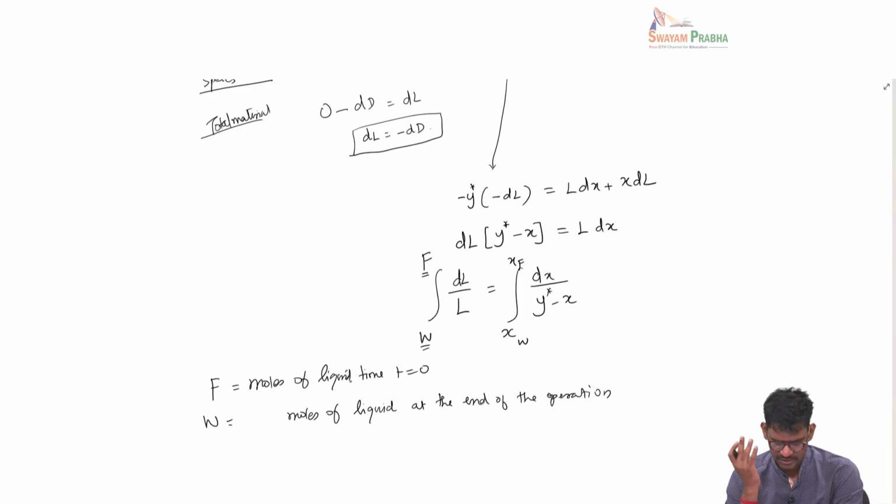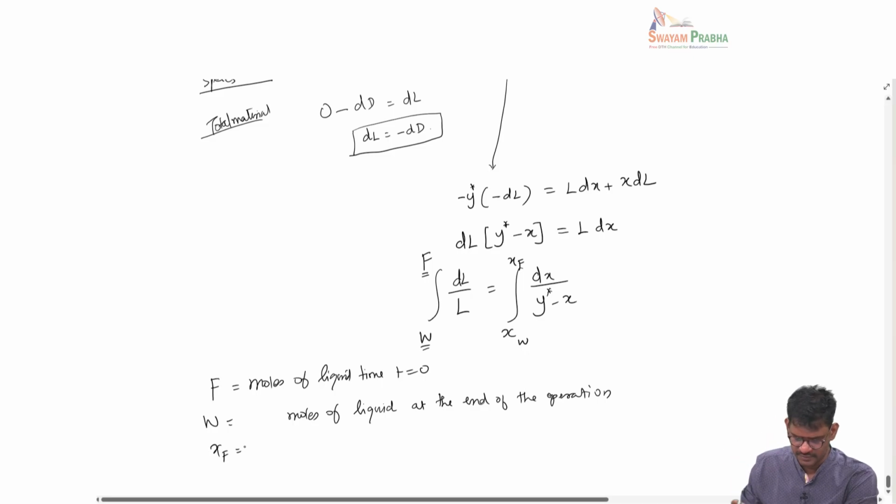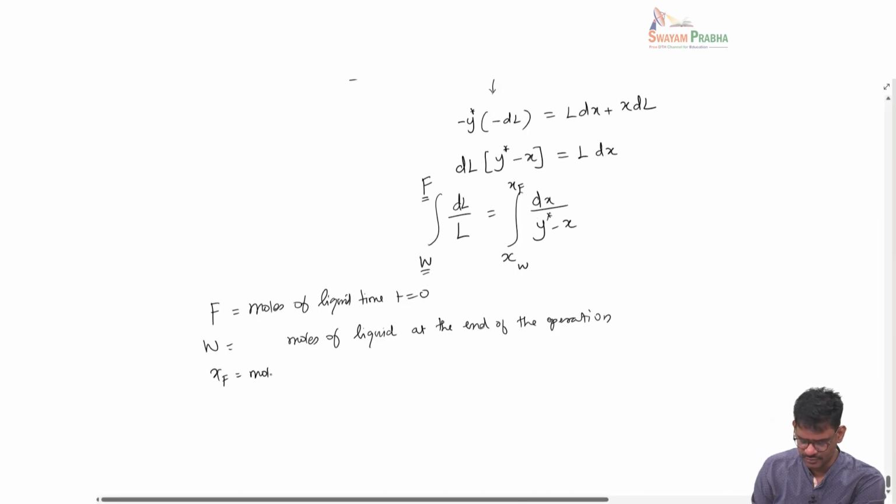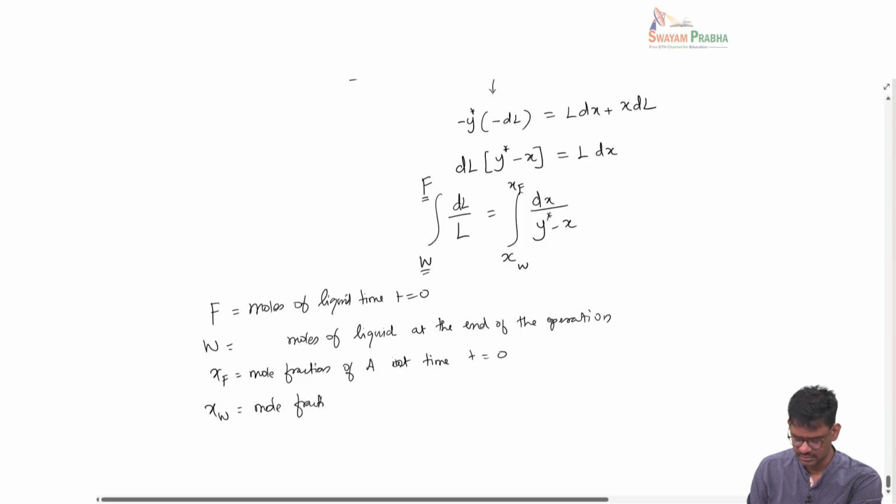So F corresponds to liquid at time t equal to 0, and xF is the mole fraction of A at time t equal to 0. xW is the mole fraction in the liquid at the end of the operation.